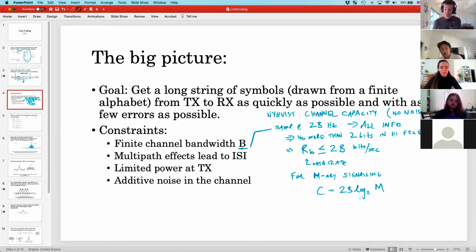Capacity in this context means maximum data rate.